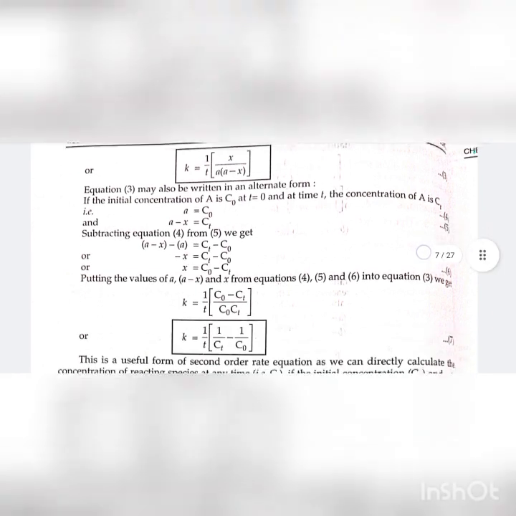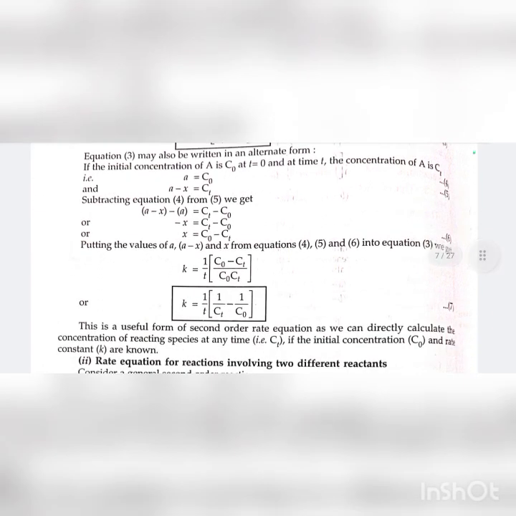Putting the values of a, a − x and x from equations 4, 5 and 6 into equation 3, we get K = (1/t)(1/Ct − 1/C naught). This is a useful form of the second order reaction, as we can directly calculate the concentration of reactant at any time t, if the initial concentration C naught and the rate constant K are known.